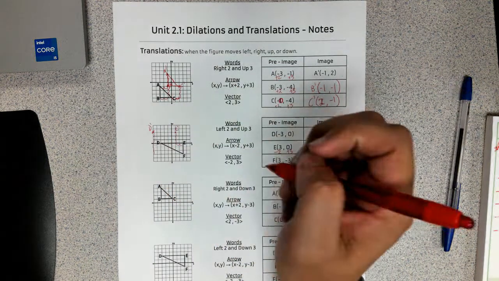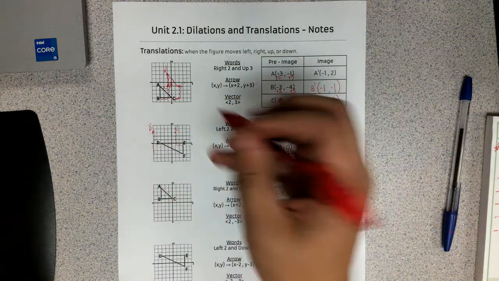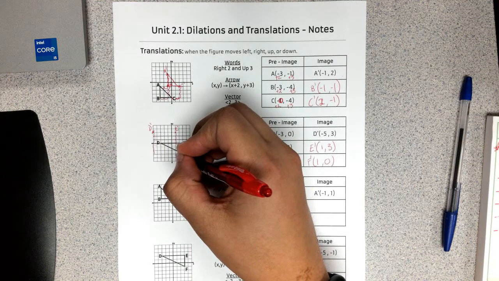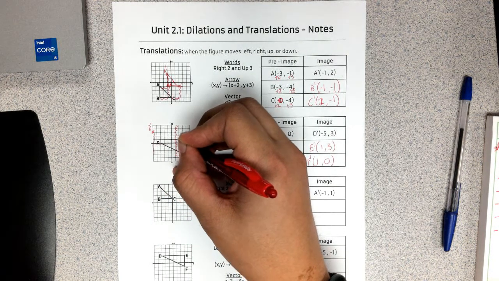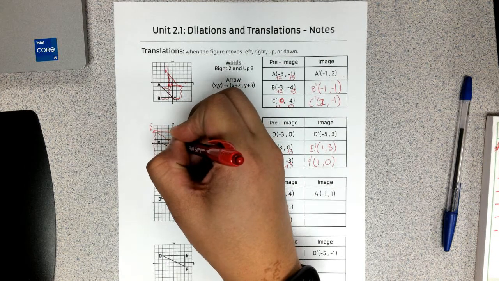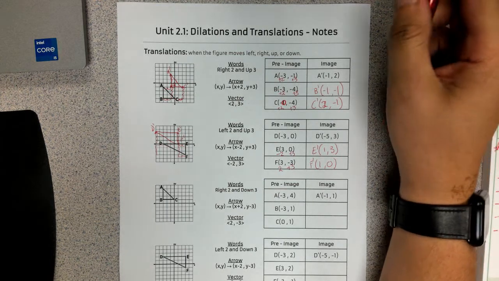E prime is there. And then F, I move to the left, and then 1, 2, 3, so F prime is there. And once again, we see that we have moved the shape and have not changed it.